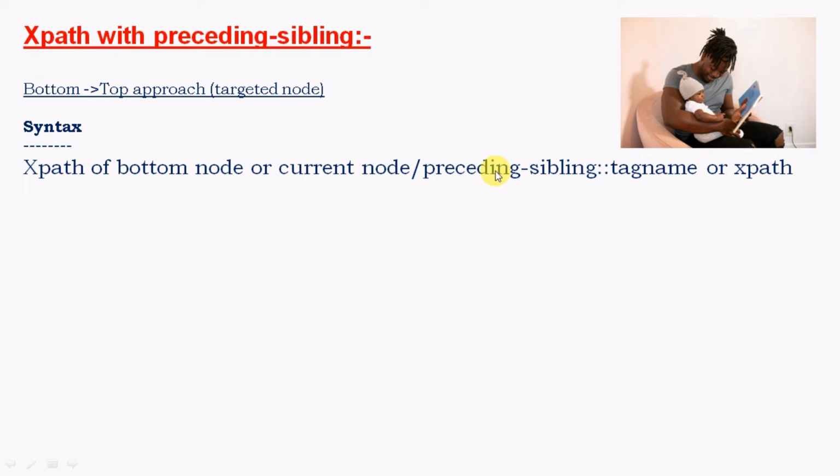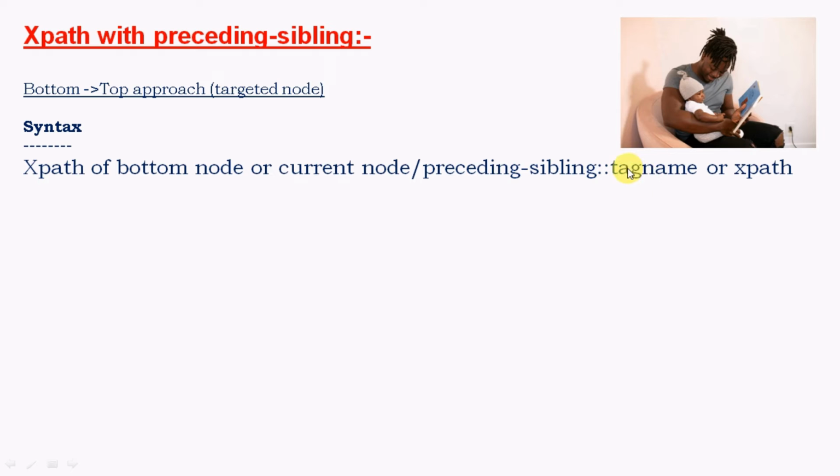It will be as it is, preceding-sibling. You need to write this string as it is. And after that, put the colon 2 times, colon and colon. Okay. Then after that, here you need to write the tag name or the XPath of your top element or the targeted node on which you want to perform the Selenium actions.